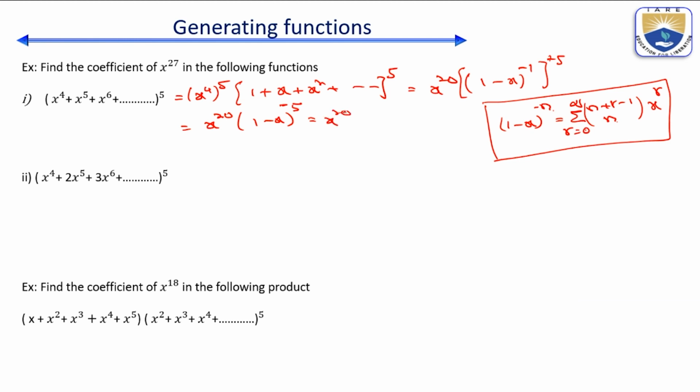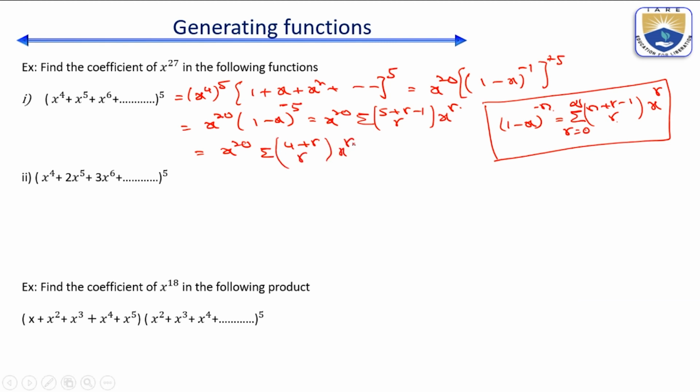So for x^20, I am going to write the summation with n equal to 5: (5 + r - 1)Cr x^r, that is (4 + r)Cr x^r, where this is r only, not n.